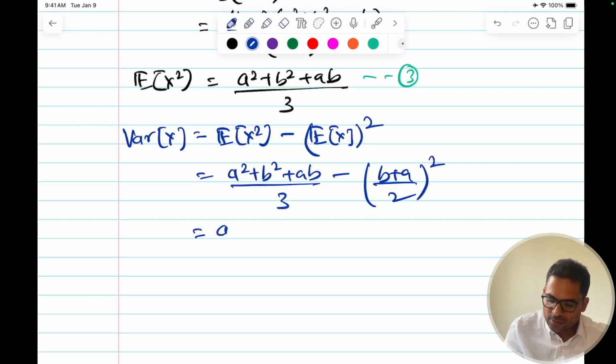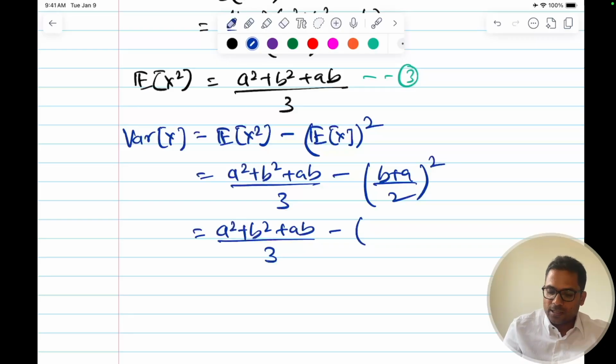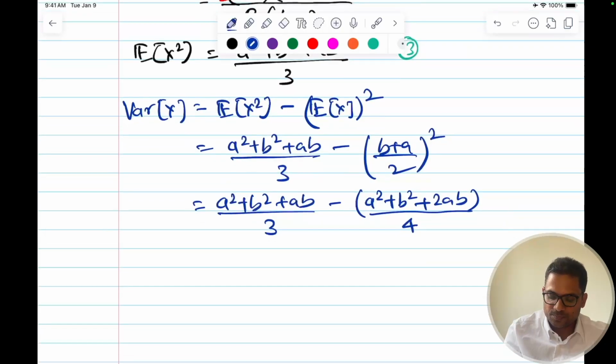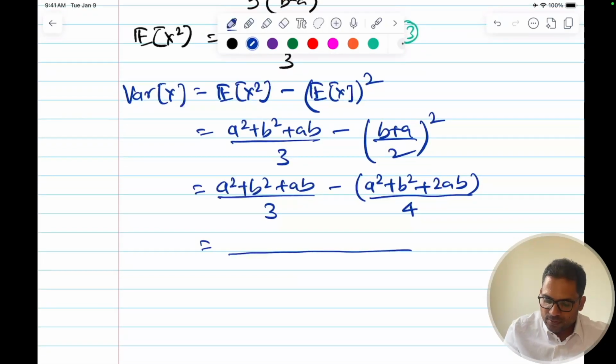This is equal to, I'll go very slow with the maths, b plus a whole square, high school again, a square plus b square plus 2ab by 4. LCM of 3 and 4 is 12. Multiply this 3 times, this 4 times and subtract.